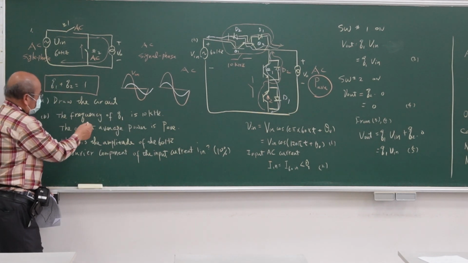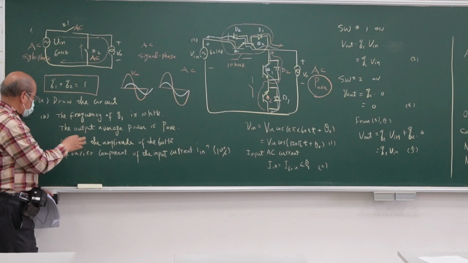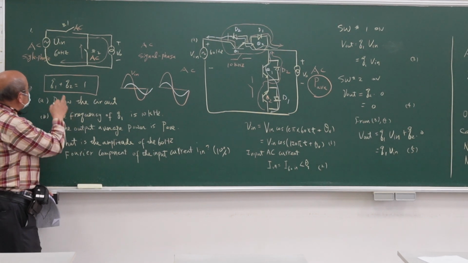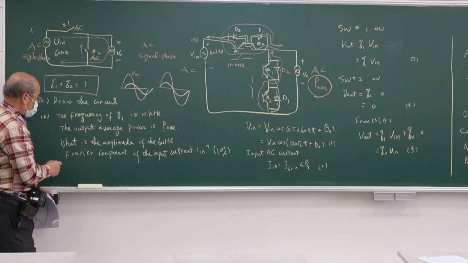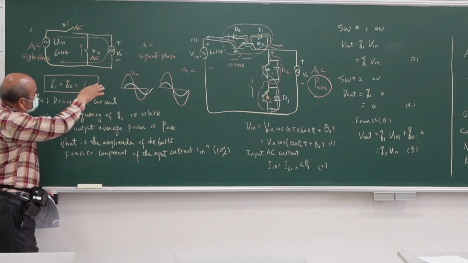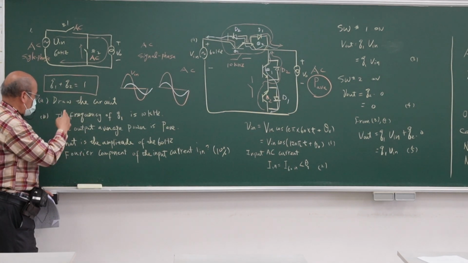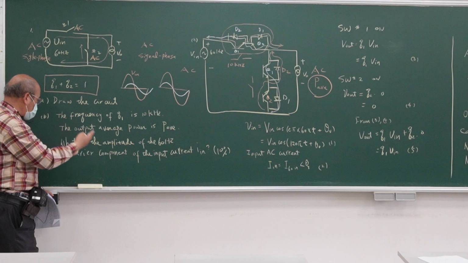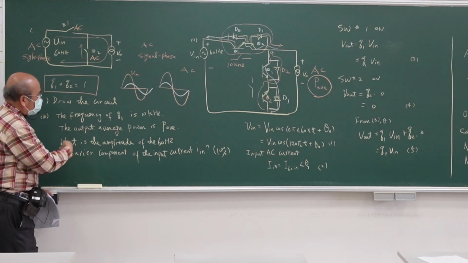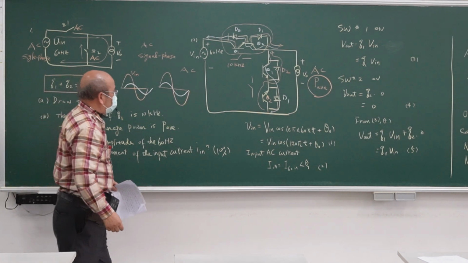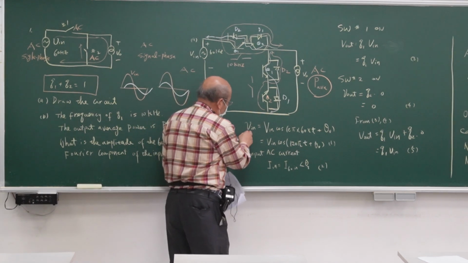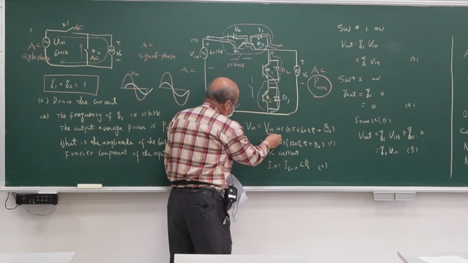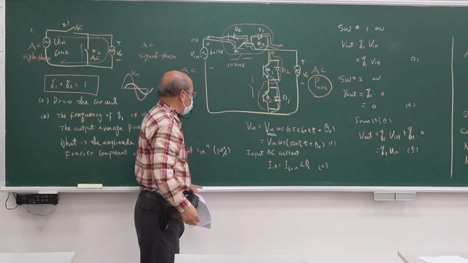Now the switching frequency is 10 kilohertz and the input is 60 hertz. So we use the switch to convert the input power into the output power. We know V in is the input amplitude.